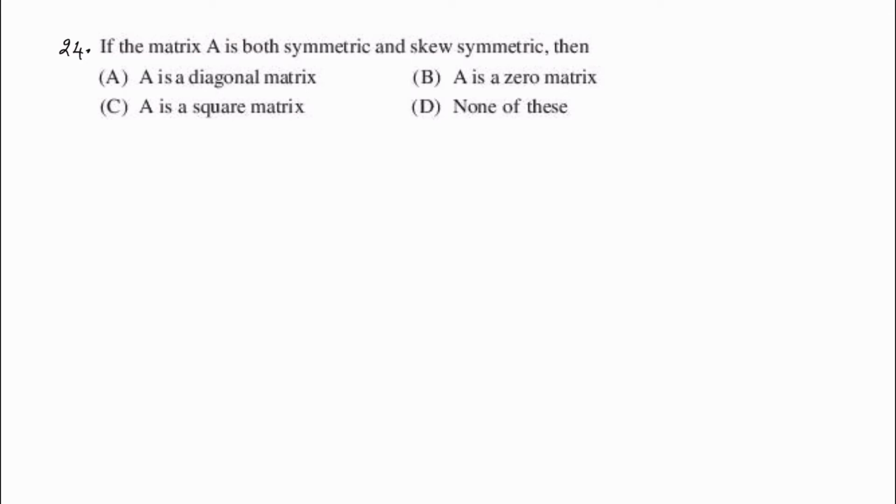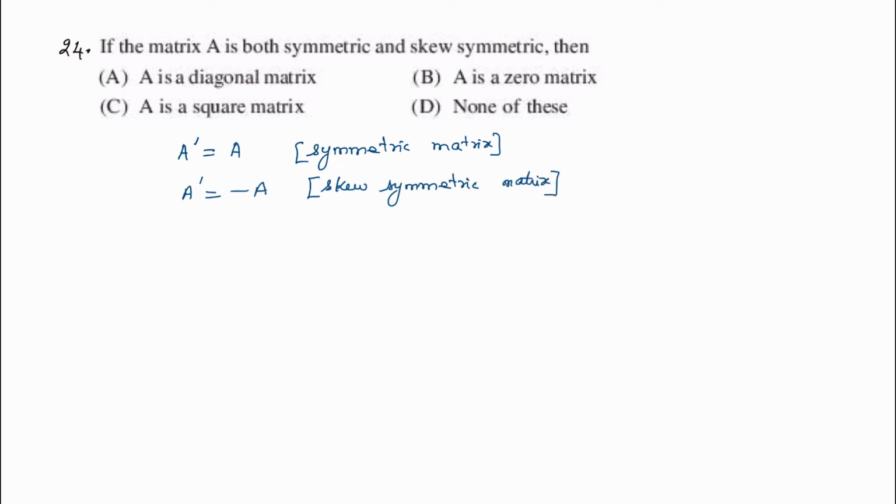Question 24. If the matrix A is both symmetric and skew symmetric, then we know the definition of a symmetric matrix. A dash is A. And for skew symmetric, A dash is minus A. Now let us substitute for A dash from the first equation.